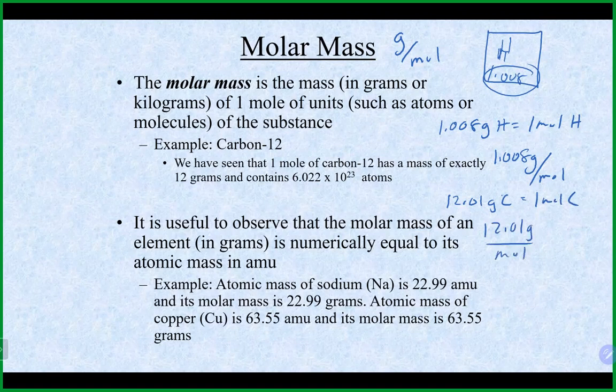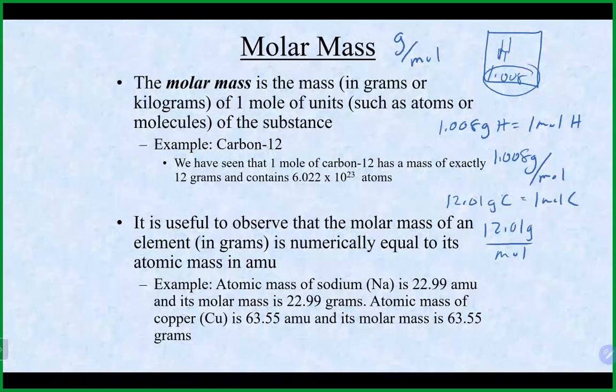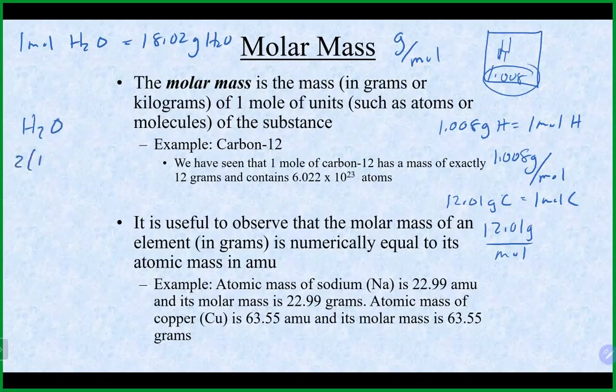We also could do it for things like, say, water, for example, which is not just an element by itself. In 1 mole of water, we basically would have 18.02 grams of water. And we get that by basically adding up all the parts. So water, there are 2 hydrogens, each from the periodic table as 1.008 grams per mole, plus 1 oxygen from the periodic table, that is 16 grams per mole.